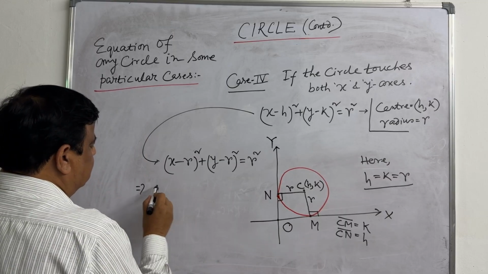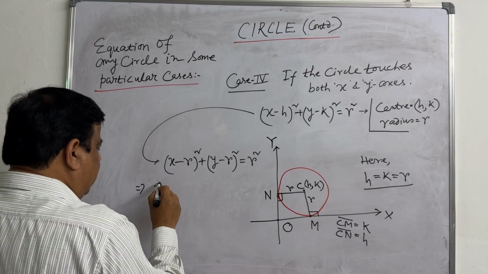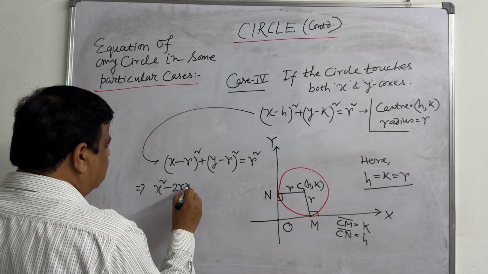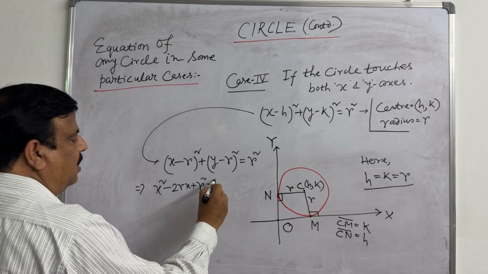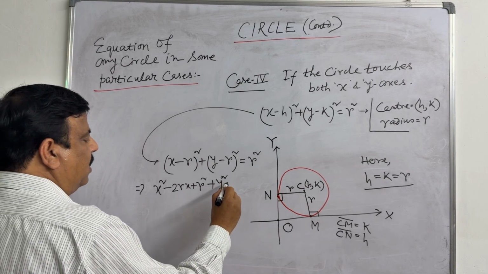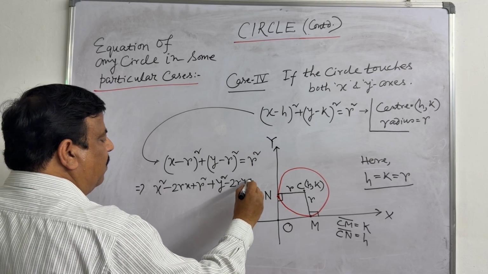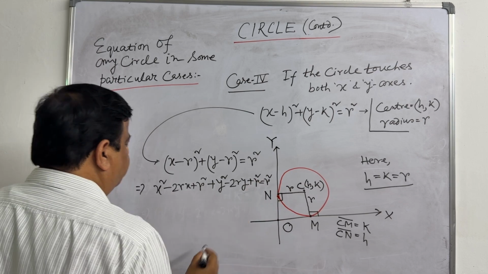Expand this: x square minus 2rx plus r square plus y square minus 2ry plus r square is equal to r square.